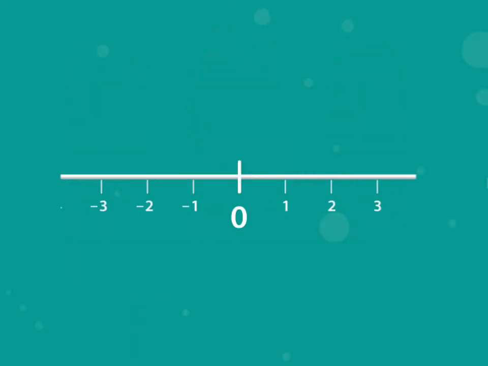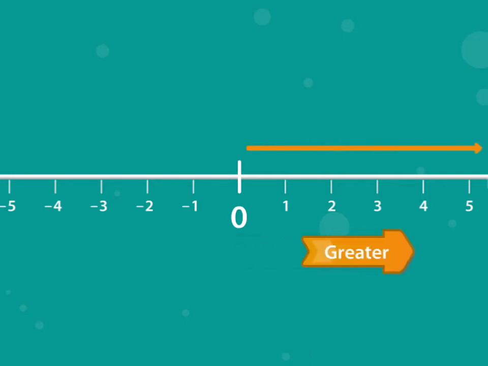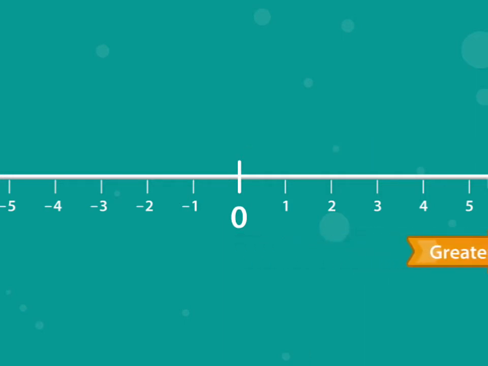To understand this, let's look at the number line again. If you start at 0 on the number line and keep moving right, then the numbers get greater and greater. 1 is greater than 0, 2 is greater than 1, 3 is greater than 2, 4 is greater than 3, 5 is greater than 4 and so on.